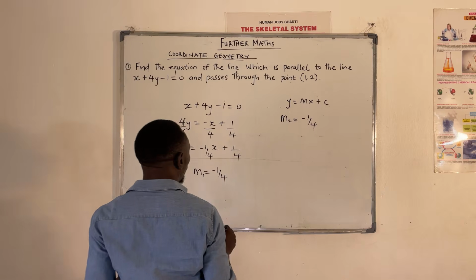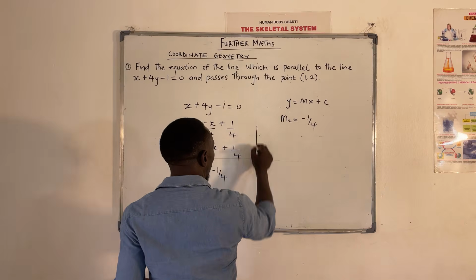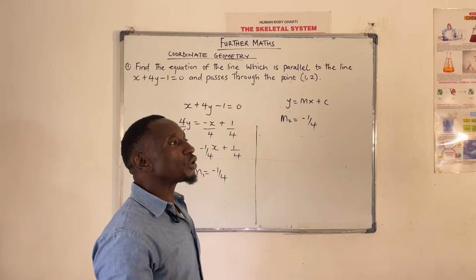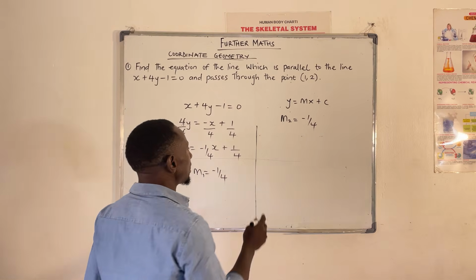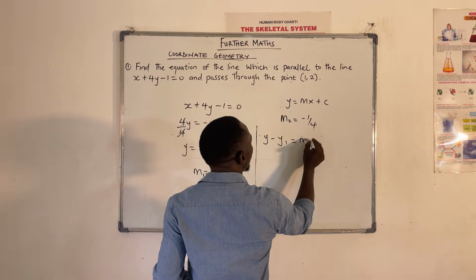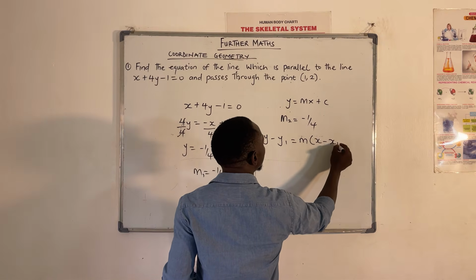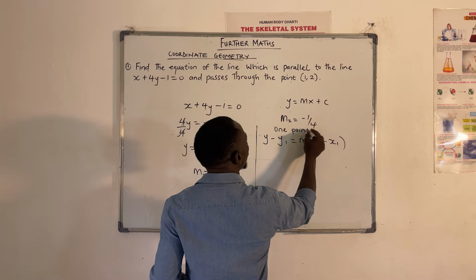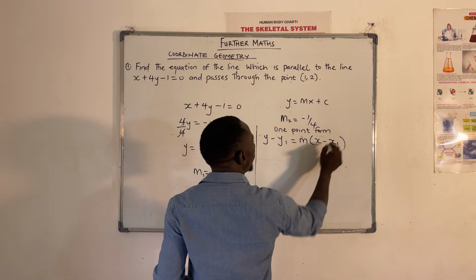Now, I was told that it passes through this point, right? And we know the equation of a straight line that passes through one point is given as y minus y1 is equal to m open bracket x minus x1. This is called the one point form.